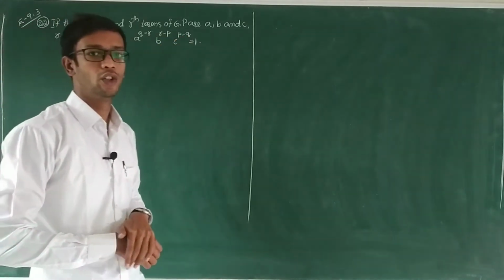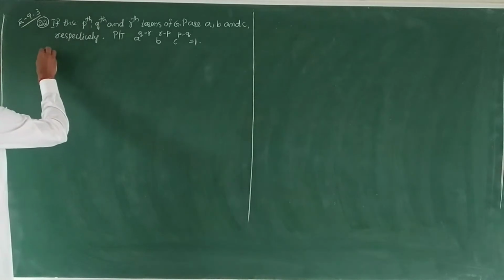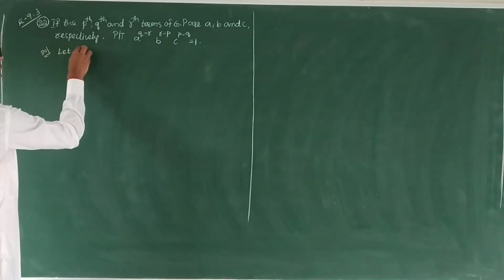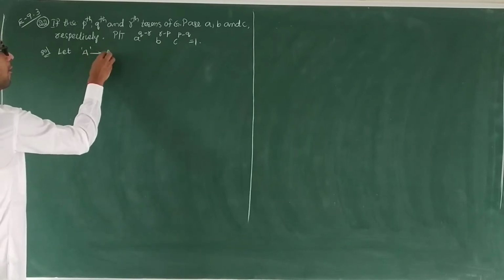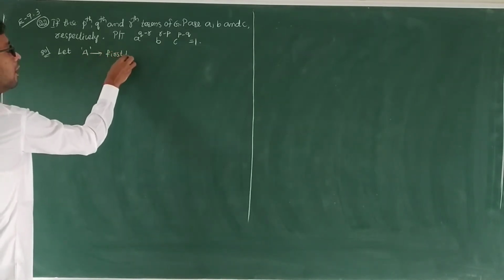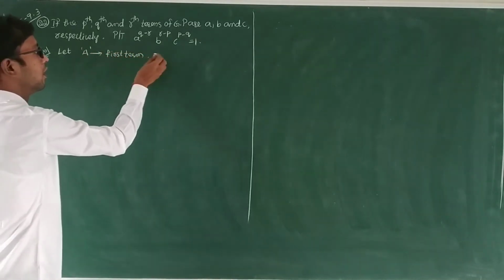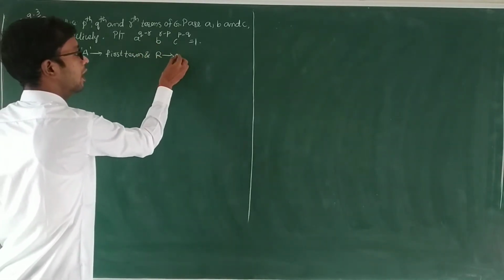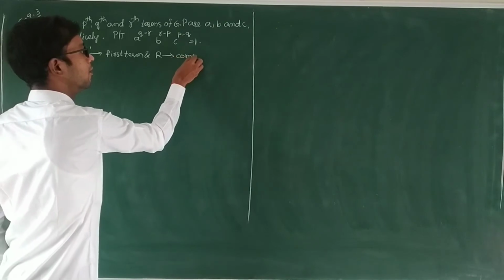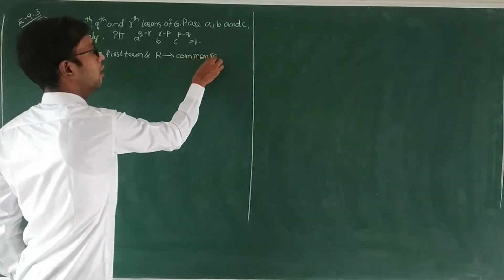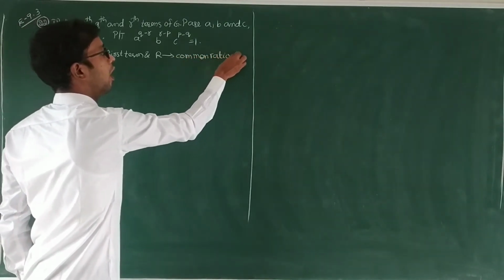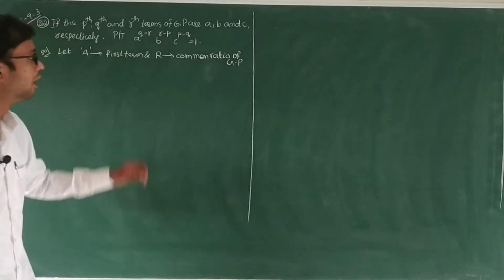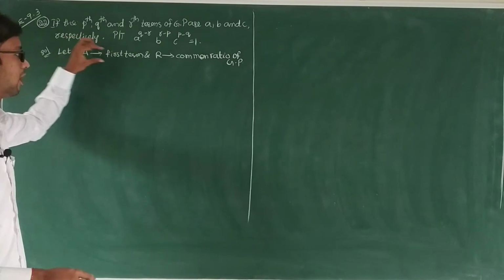For that purpose, first let capital A be the first term and capital R be the common ratio of the geometric progression. Why are we taking capital A and capital R here?